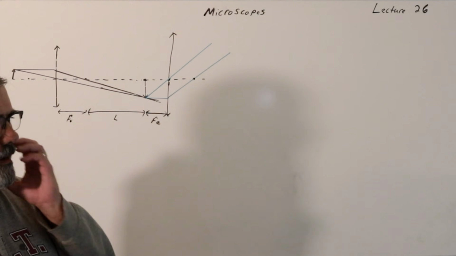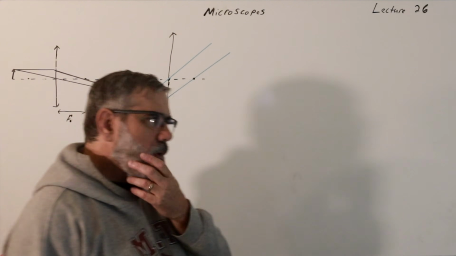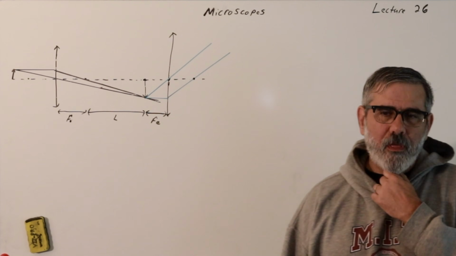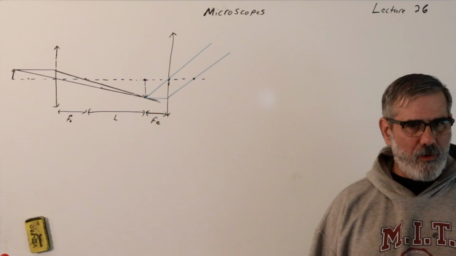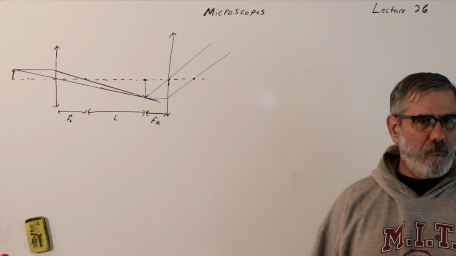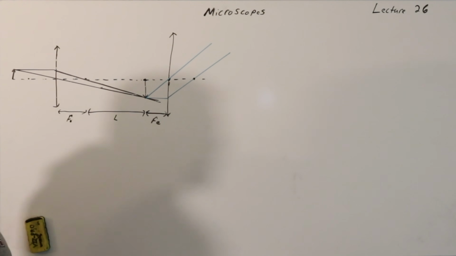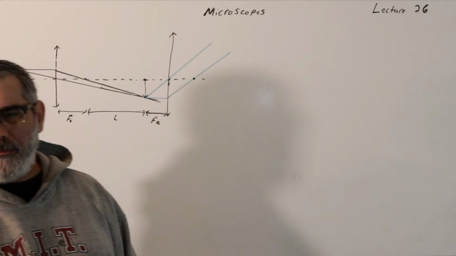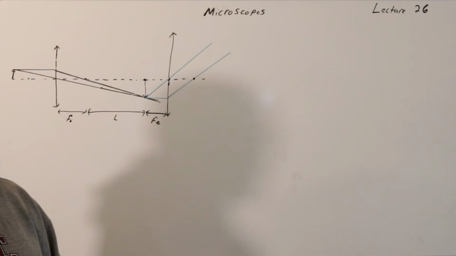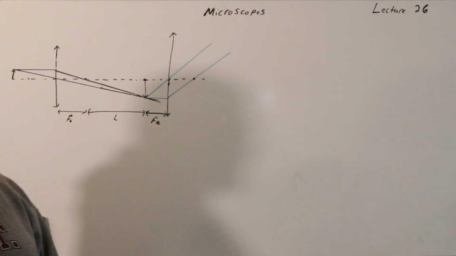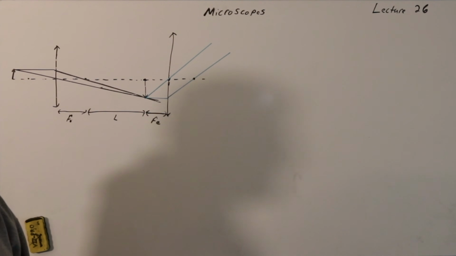Microscopes, on the other hand: do we look at far away objects with microscopes? No. When we look at things with a microscope, we put the object very, very close to the microscope objective. In truth, you can have more complicated microscopes that correct for chromatic aberrations, but a simple microscope would just need two lenses, an objective lens and an eyepiece, just like the telescope.